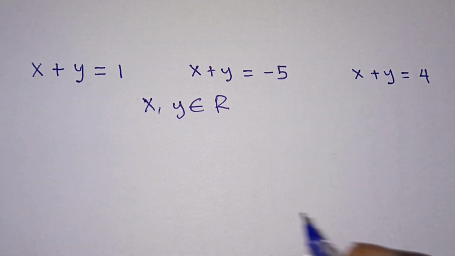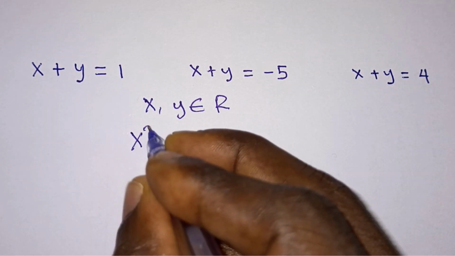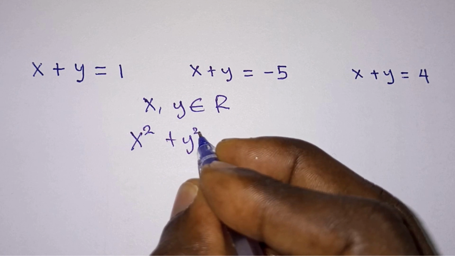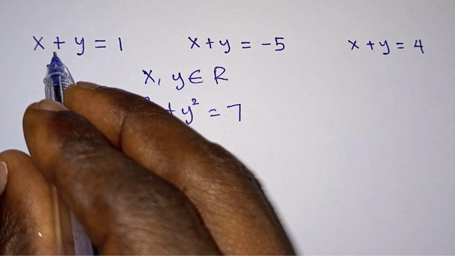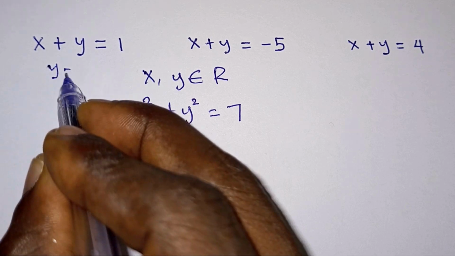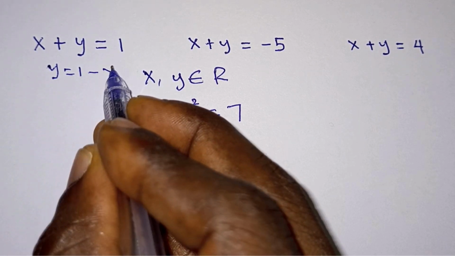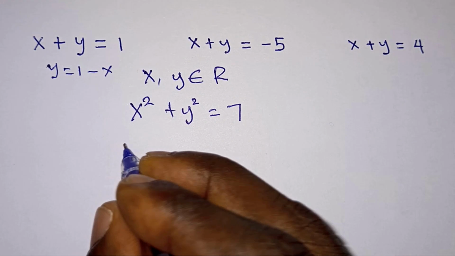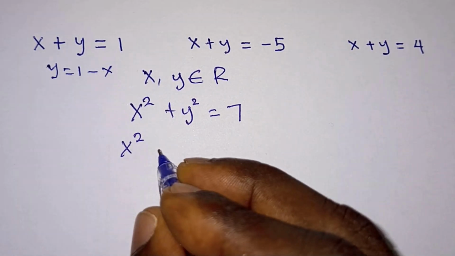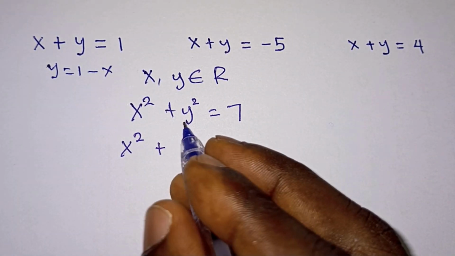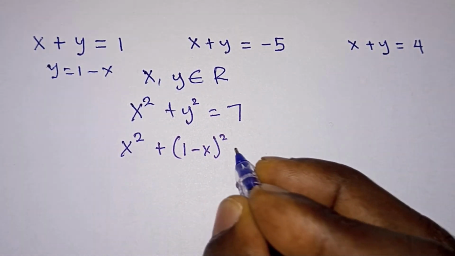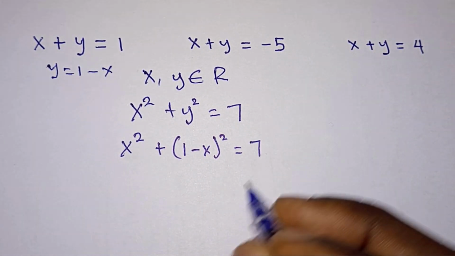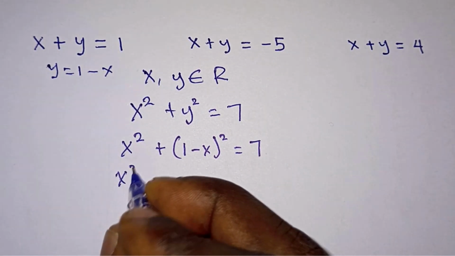Now let's take one of the equations. We know that x squared plus y squared is equal to 7. So from this first equation, we have y is equal to 1 minus x. So from here, we're going to have x to the second power plus y, which is this one, (1 minus x) squared is equal to 7. Then we will simplify this.